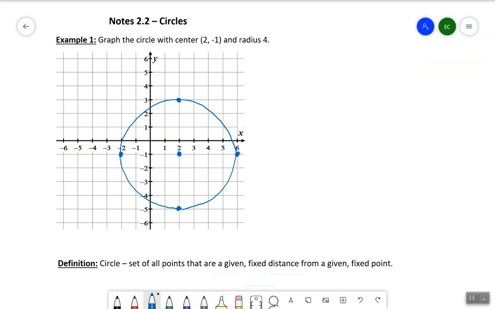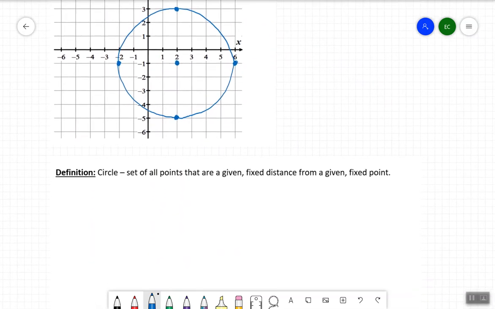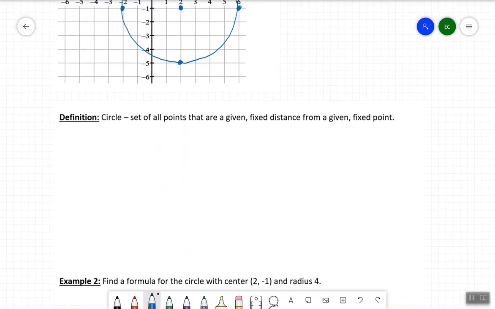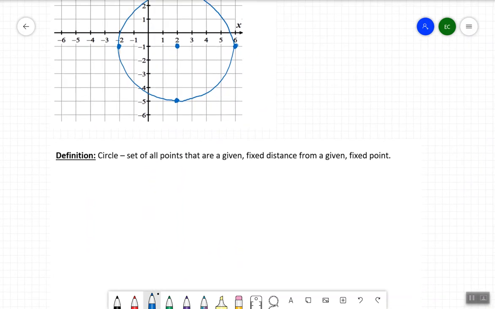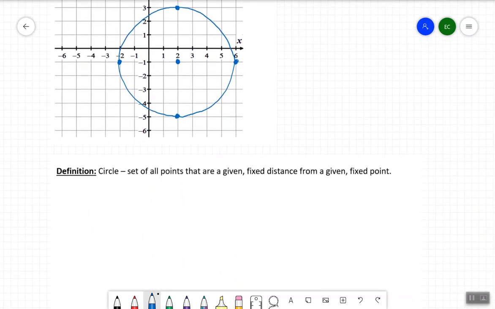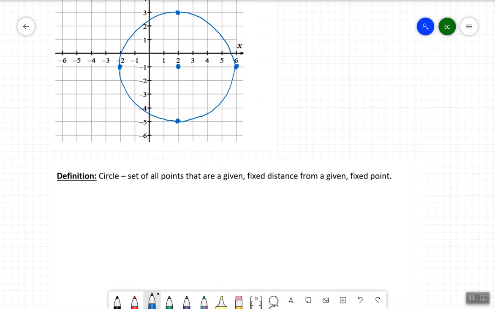What we want to do now with this circle is find a formula, or an equation, for the circle. And in order to do that, first we need to understand the definition of a circle. And so that's what I have right here. It says that a circle is a set of all points that are a given fixed distance from a given fixed point. Do you know what that given fixed distance is called?